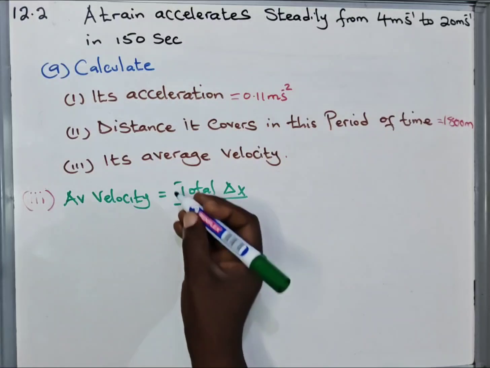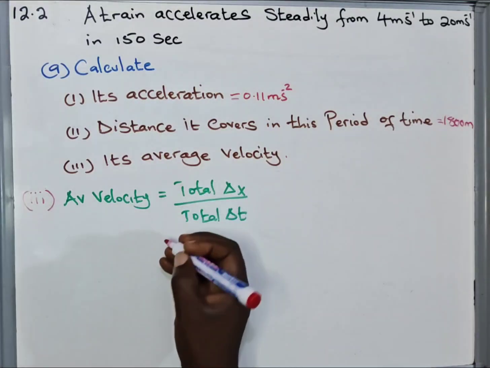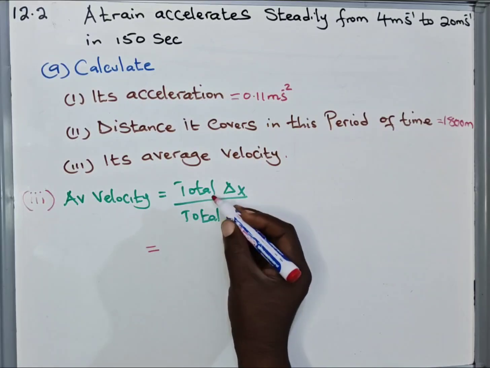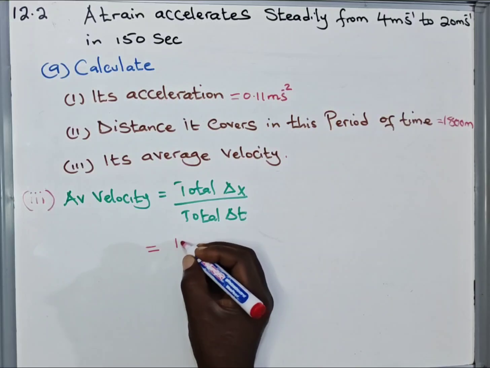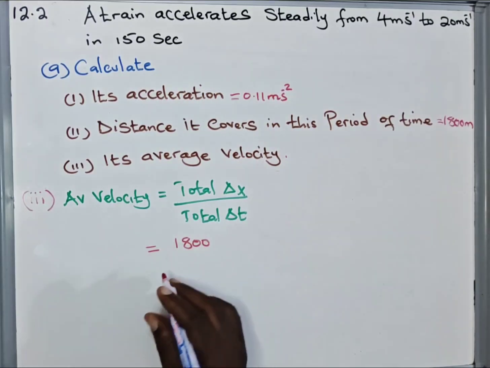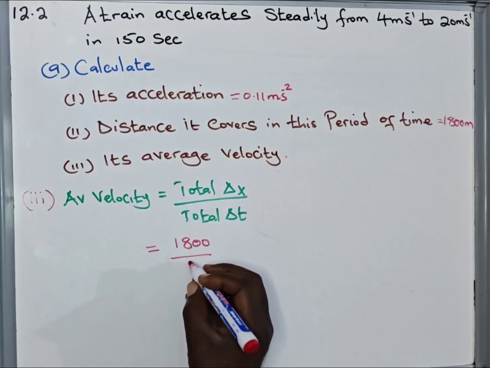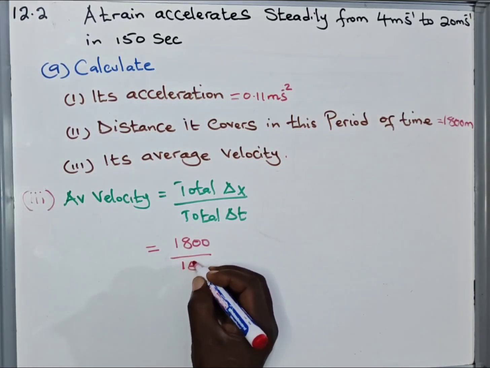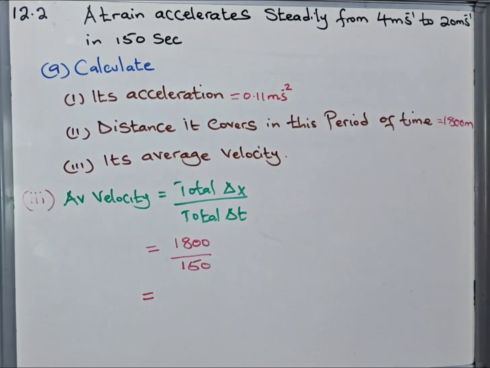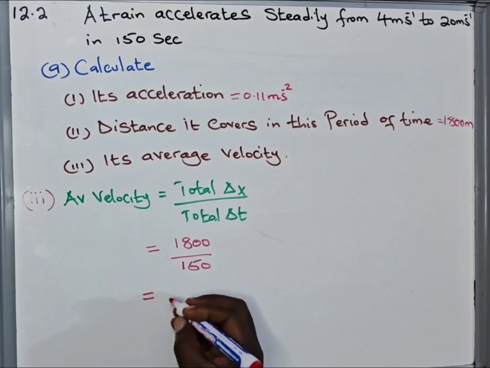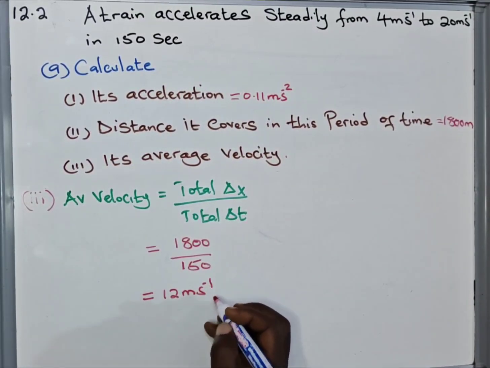The information we have is total displacement, which is already covered: 1,800 meters, and we know total time, which is 150, giving us 12 meters per second.